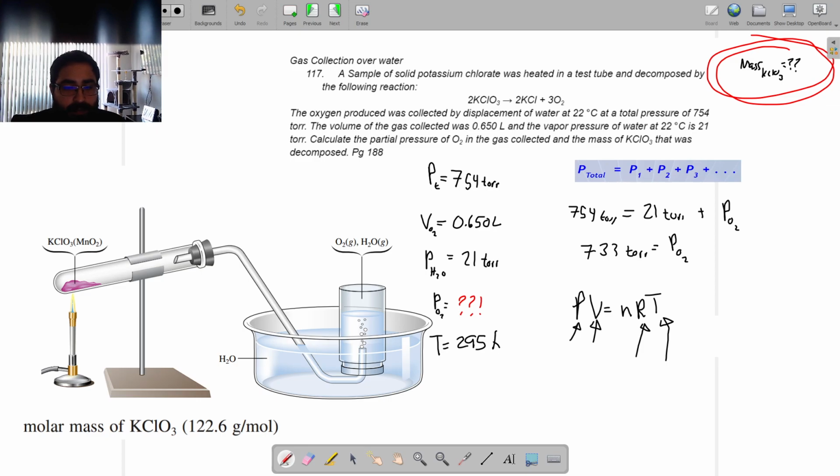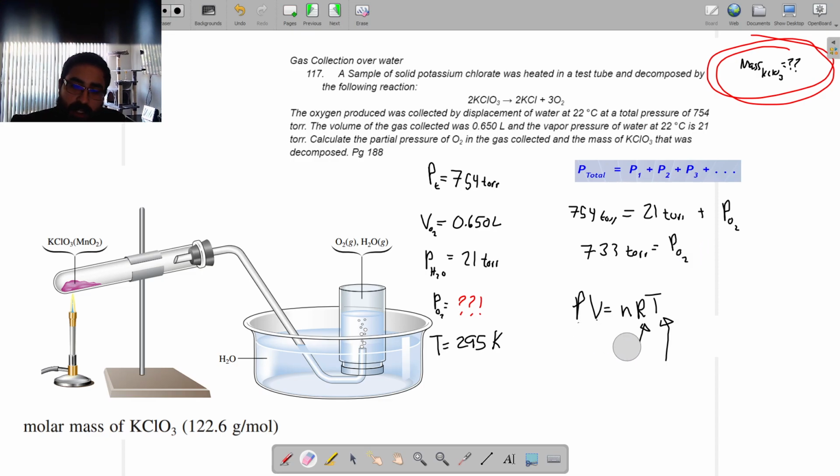That's 295 K. Now let's rearrange this formula, because if we want to find mass, what we're looking for is moles. We need moles of O2, so then we can go to moles of KClO3.